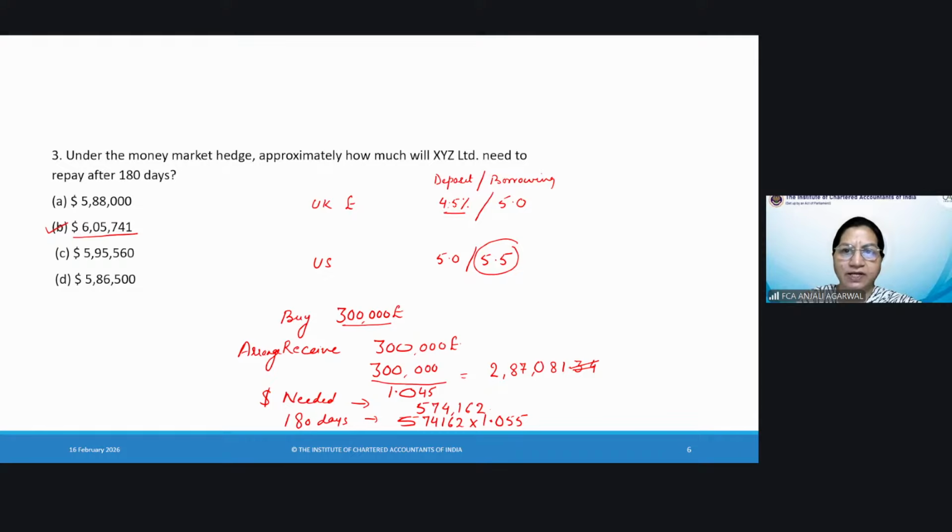Had I taken this as half for 180 days, I would have got a different answer. Okay. So what would have been the answer then? 300,000 divided by 1.0225.